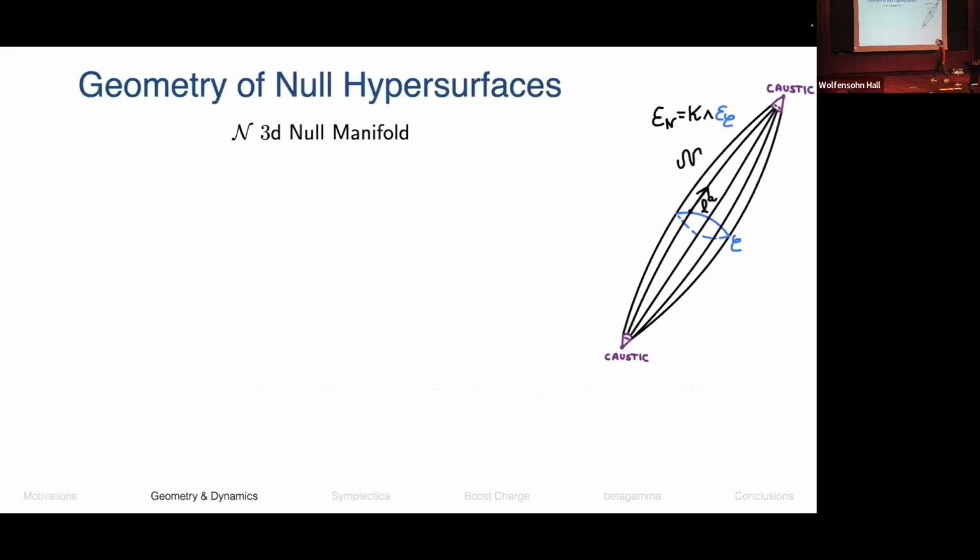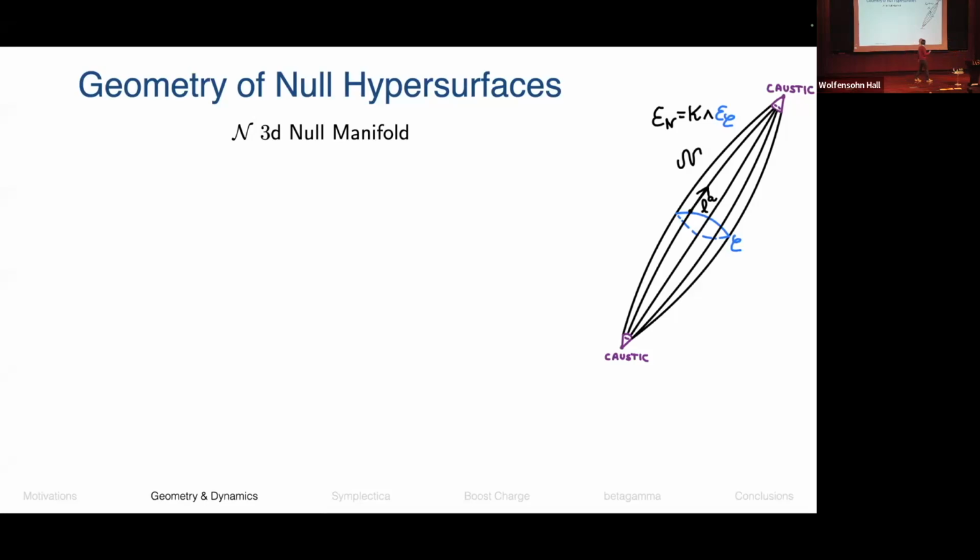All right. So let me start by reviewing quickly the geometry of null hypersurfaces. This is a long story, but here I'm going to use the more modern language. It is now understood that a null hypersurface has a Carrollian fiber bundle structure, where the typical fibers are the generators, the null lines.